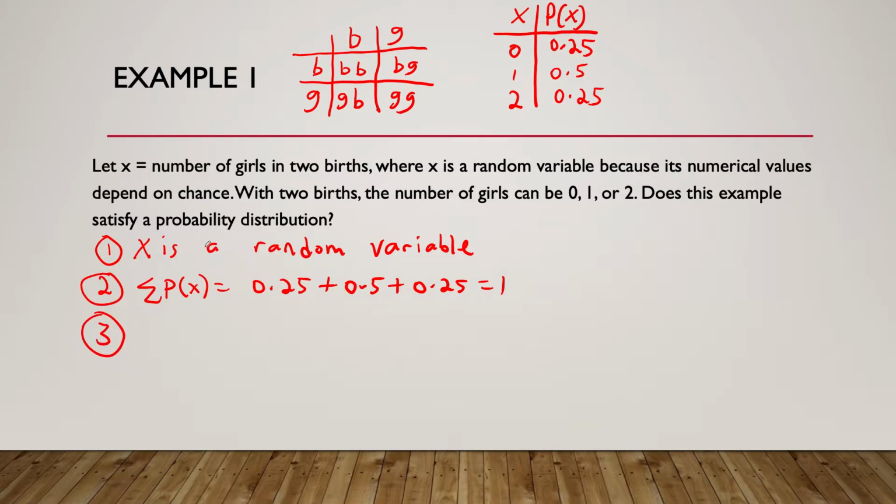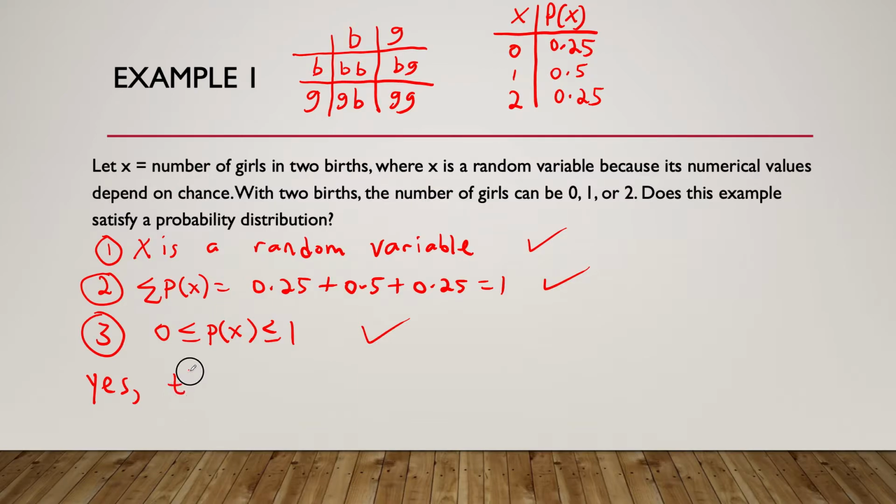And for the third one, each probability must be between 0 and 1, right? So if we look at the probabilities in our table, all of those are between 0 and 1 inclusive. So all 3 of these here are satisfied. And as such, it satisfies a probability distribution.